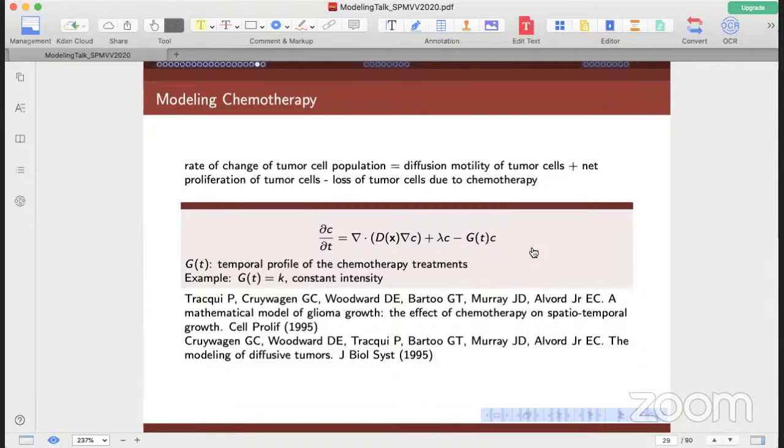Because chemo will kill the cancerous cells. Therefore, we are putting a minus sign here, where G(t) is the chemotherapy treatment. It is the temporal profile, of course a function of time. So this is the chemo.